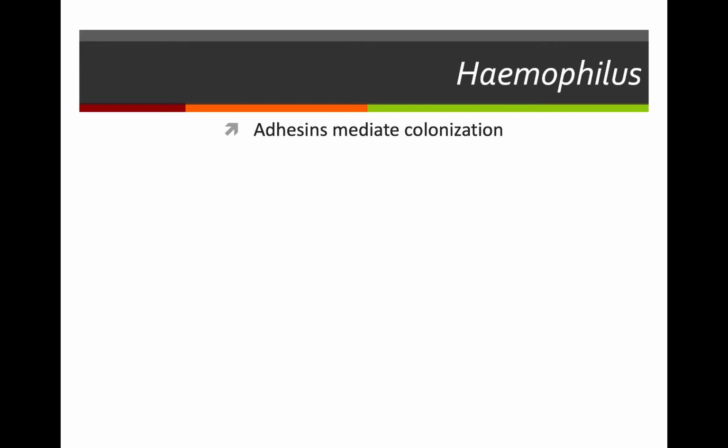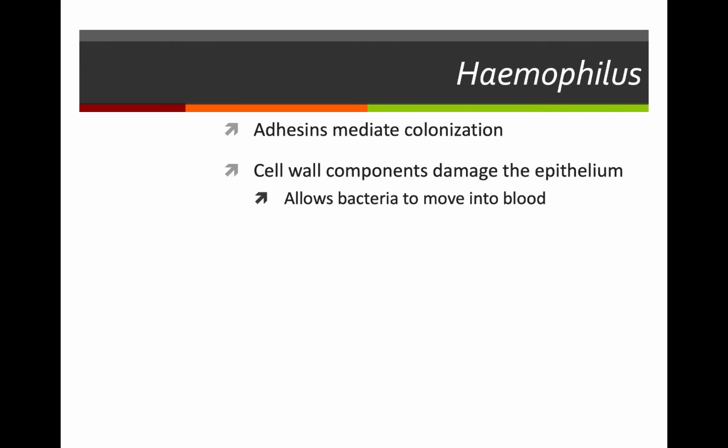So they have to be able to really adhere to these tissues to cause disease. Their cell wall components can damage the epithelium, which allows bacteria to move into the bloodstream, causing disseminated disease. The capsule in all of our encapsulated strains is antiphagocytic, which allows persistence. It prevents immune clearance.